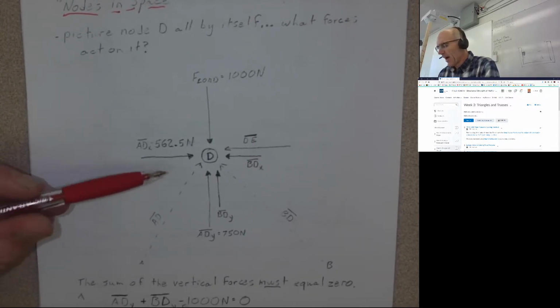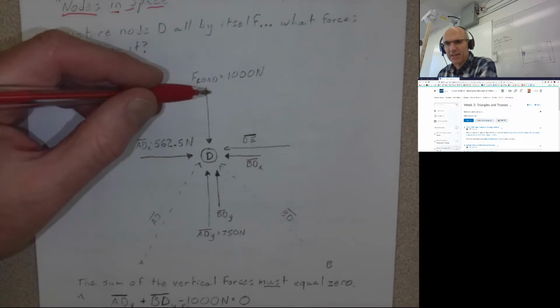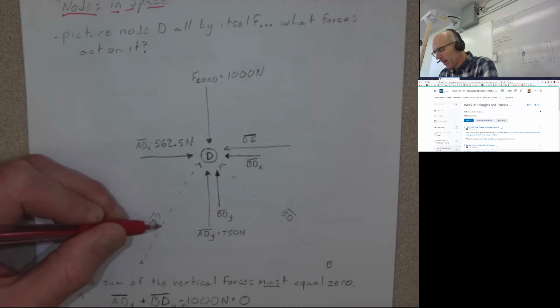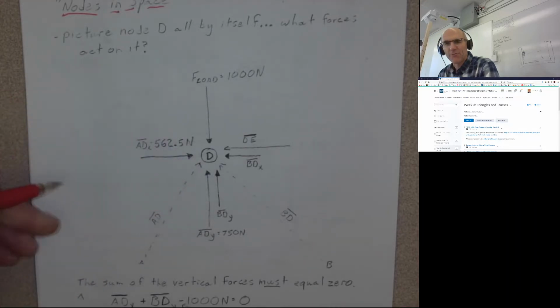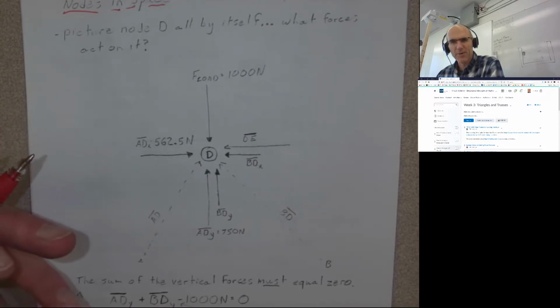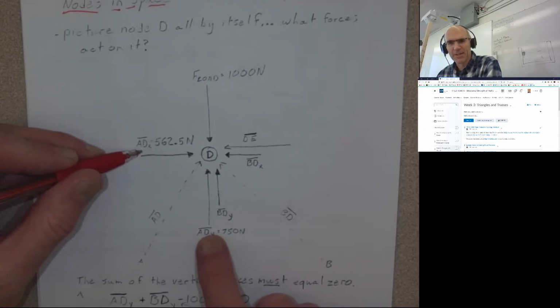So we know that we have F load of 1,000 newtons. That was defined as part of the problem. We know that we have this member AD coming up right in here. Now I've drawn it in as a dotted line because that's where the real physical member is. But we've done some math on that real physical member and we've broken it down into 2 components. And this is why components are so useful.